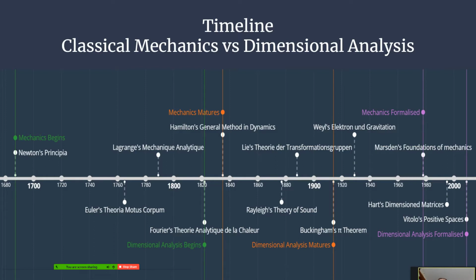The subject really starts there as we know it today, and it begins maturing, with contributions from Rayleigh. He has a full chapter dedicated to dimensional analysis, and I think the name is already being used in this way, the theory of dimensions, or the method of dimensions, he calls it.